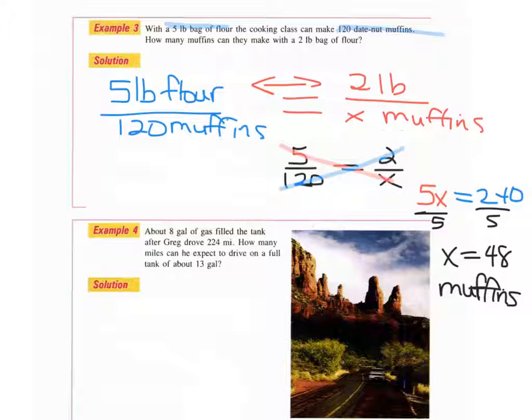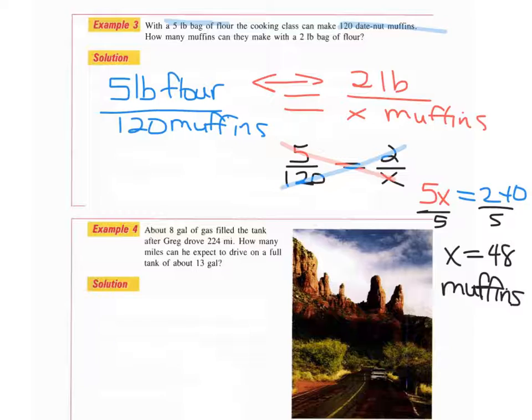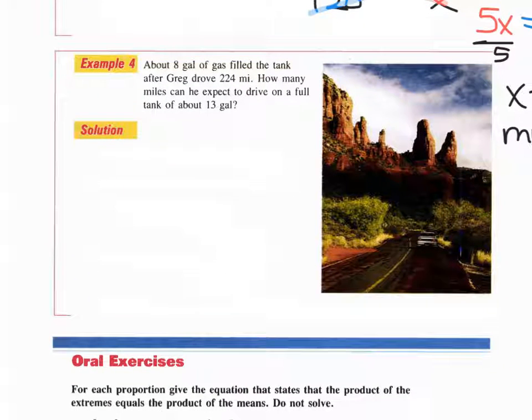One more example, and then I'll let you go ahead and start on your 7-1 homework. In example 4, it says about 8 gallons of gas filled the tank after Greg drove 224 miles. How many miles can he expect to drive on a full tank of about 13? So again, when I set up my proportion, I'm going to label it so I know what goes with what.